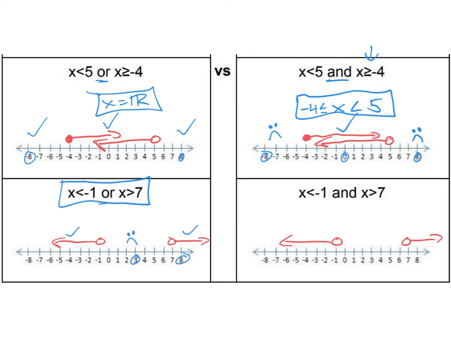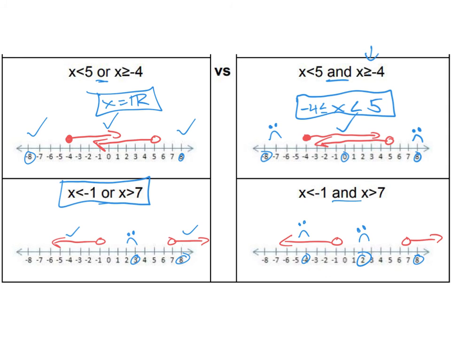Now, if we look at x is less than negative 1 and greater than 7, well, if we look here and say, all right, negative 4, well, that's less than negative 1. But is that also greater than 7? No. In the middle here, again, that's going to be a frowny face for both of them.